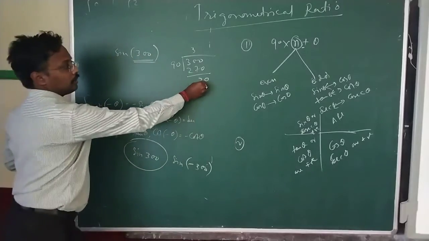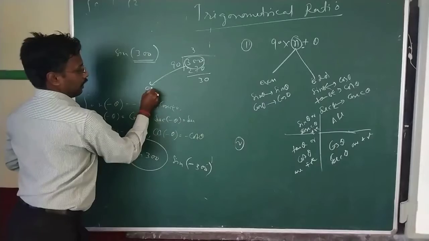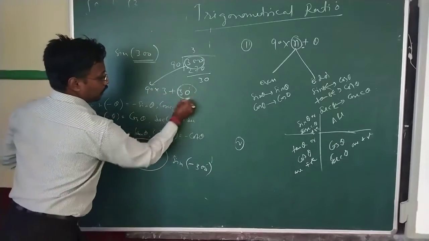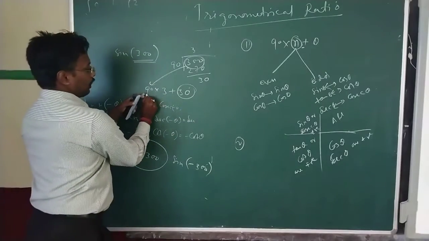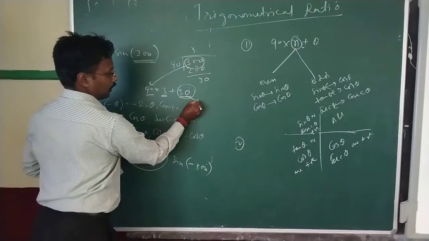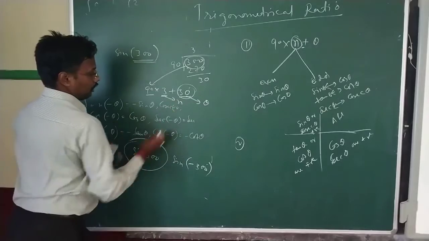Remainder is 30. So we can write this 300 degree as 90 into 3 plus 30. This angle is an acute angle, so it is in the form of 90 into n plus theta. So here theta is 30 degree and n is 3.